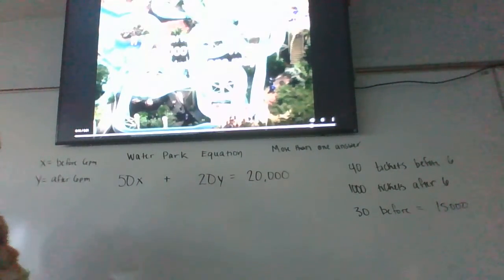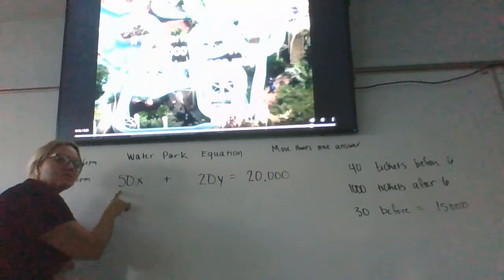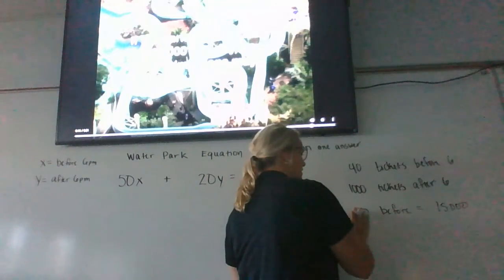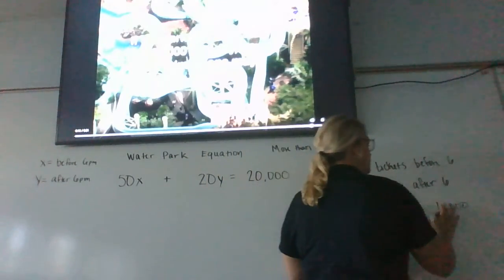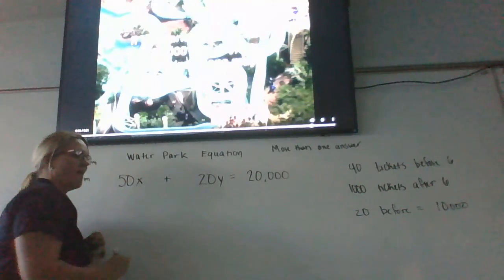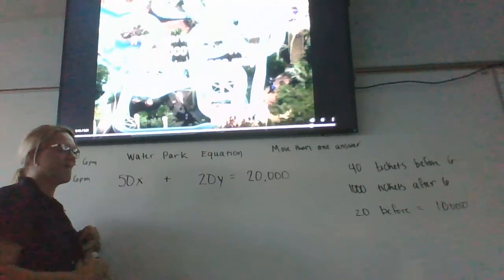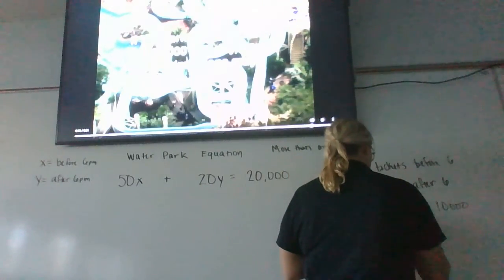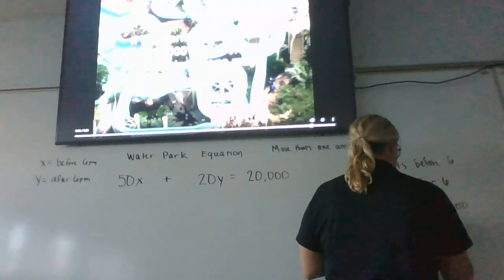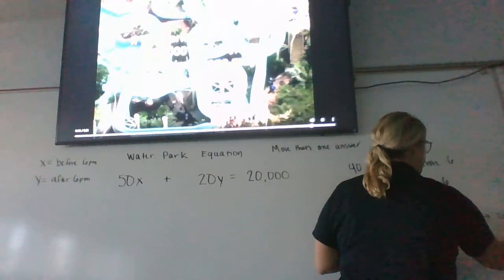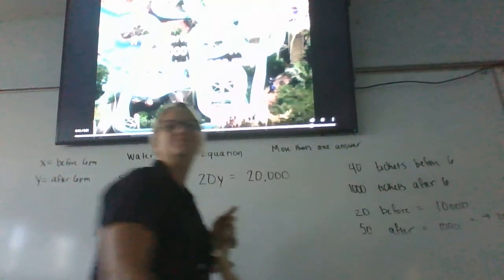What if we had 20 of these? Yeah, 20 would be 10,000. Okay, so 10,000, and then we would have 500. Nice job. You got it.